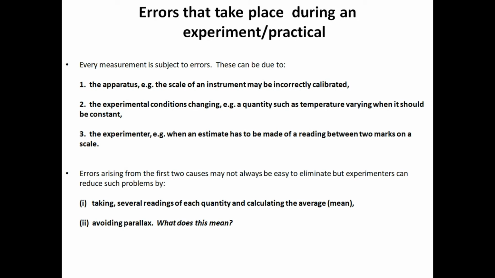The next one is errors arising from the first two causes may not always be easy to eliminate, but experimenters can reduce such problems by, one, taking several readings of each quantity and calculating the average mean. And you could also avoid parallax. So make sure you always read directly on the line. So that is what I mean by avoiding parallax.